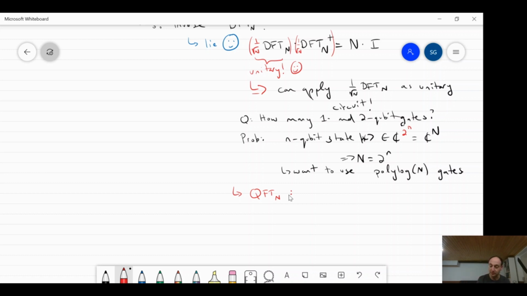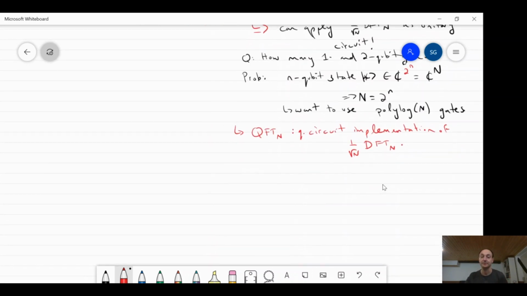So it's the quantum circuit implementation of the normalized DFT. Don't be fooled, it's really the same map. Just like the FFT is the classical implementation of the DFT, the QFT is the quantum implementation.